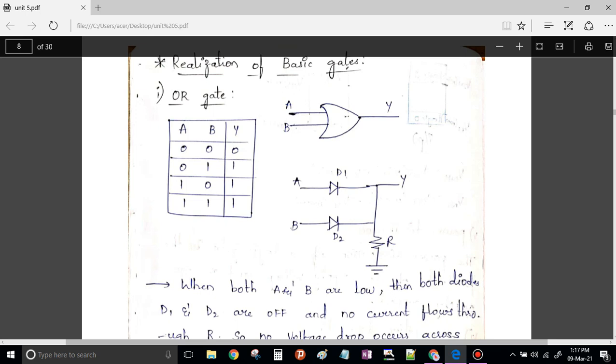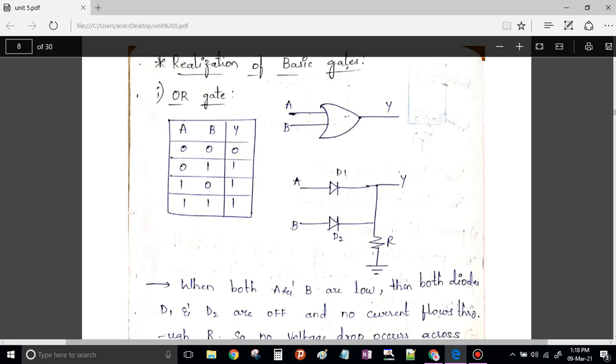Let us start with the first case. Assume that A and B are both 0. Logic low, a negative voltage, is given to the P type. This is your diode; this vertical line represents the cathode, this is your anode, nothing but this is your P and that is your N. When P is connected to 0, the positive side is connected to the negative or 0 voltage compared with the next terminal, so obviously this will act as an open circuit.